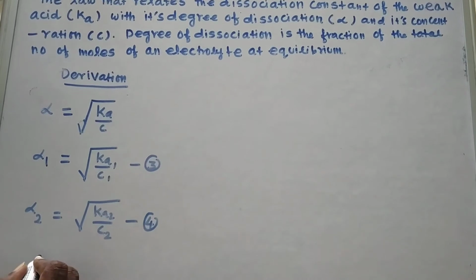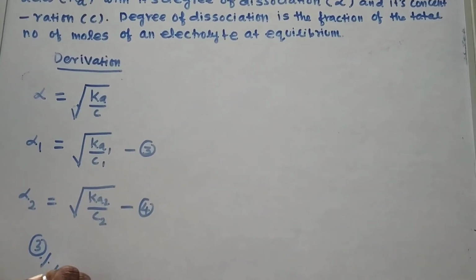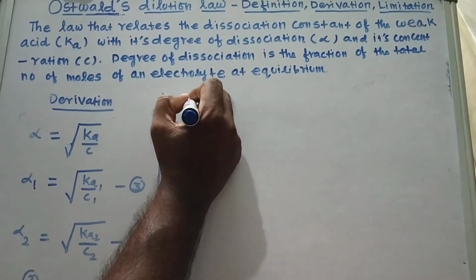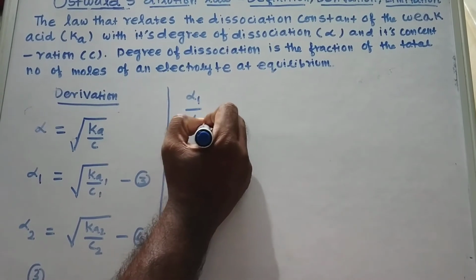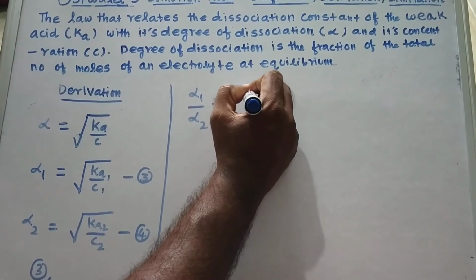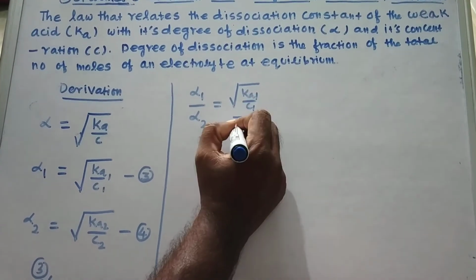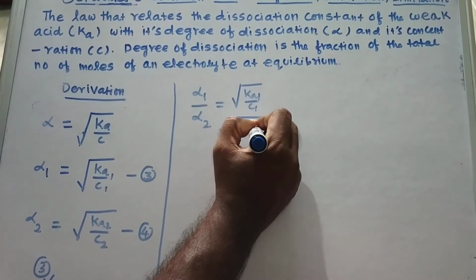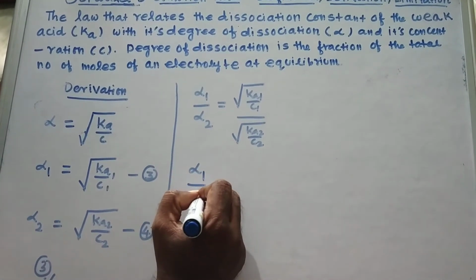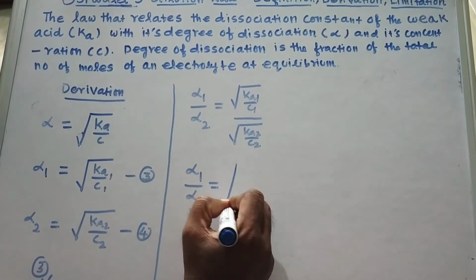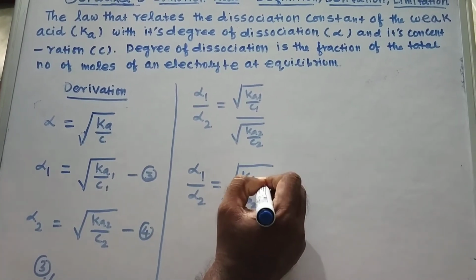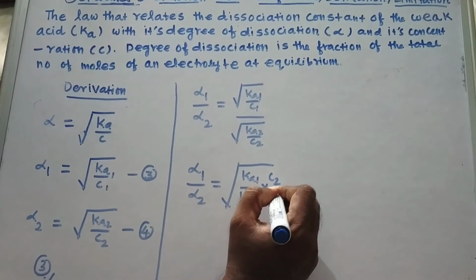Then divide equation number 3 by 4. Then we are going to get alpha 1 by alpha 2 is equal to square root of Ka1 by C1 divided by square root of Ka2 by C2. Then it becomes alpha 1 by alpha 2 is equal to square root of Ka1 by Ka2 into C2 by C1.